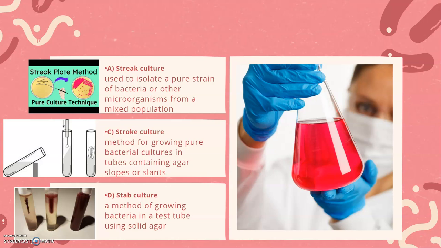It is done on the agar slopes or slants. It is called as stalk culture. And stab culture is again a method of growing bacteria in a test tube using solid agar, in which it is inoculated by stabbing using a straight wire, not a wire loop. It is done by using a straight wire.